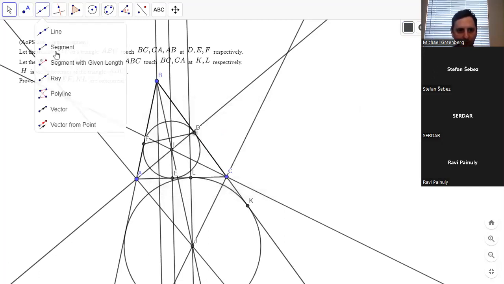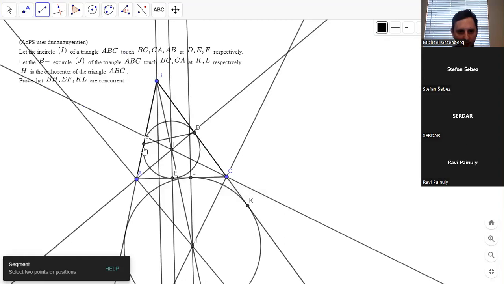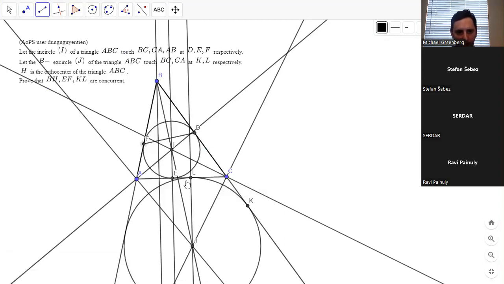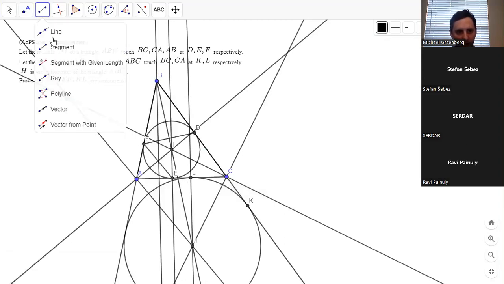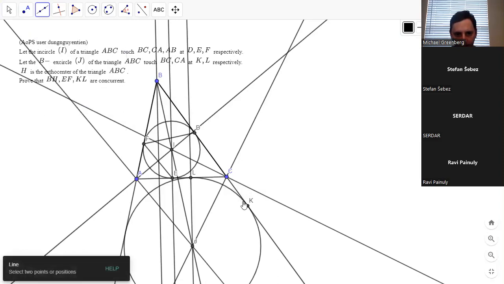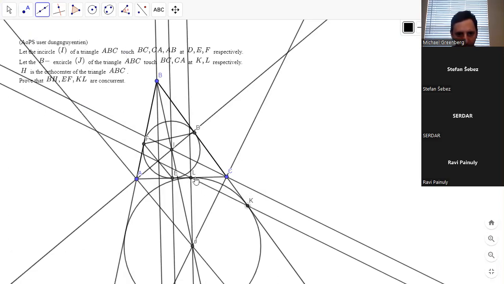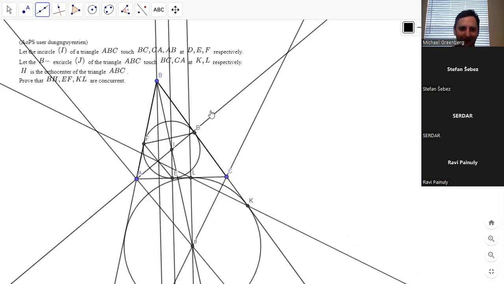So basically we're saying KL and EF meet on the B altitude. Okay, let me make this look better because obviously it looks quite horrible right now.